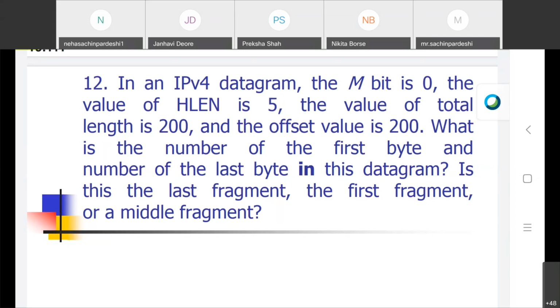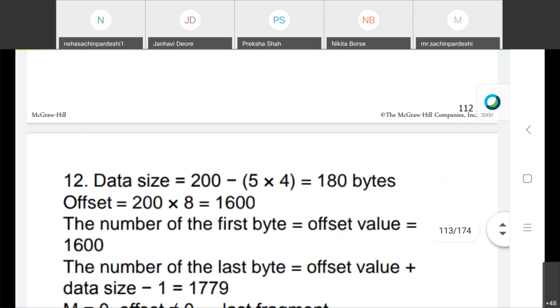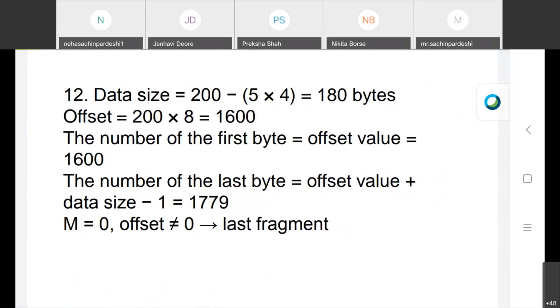Is this the last fragment, the first fragment, or a middle fragment? Here M equal to 0 means more fragment is 0, and the offset value is not 0. The offset value is 200. Therefore, this fragment is the last fragment. We can easily calculate: the total length 200 minus the header length 5 into 4, that is 20, so 180 bytes of data. Offset value 200 into 8 is 1600, so the first byte number is 1600.